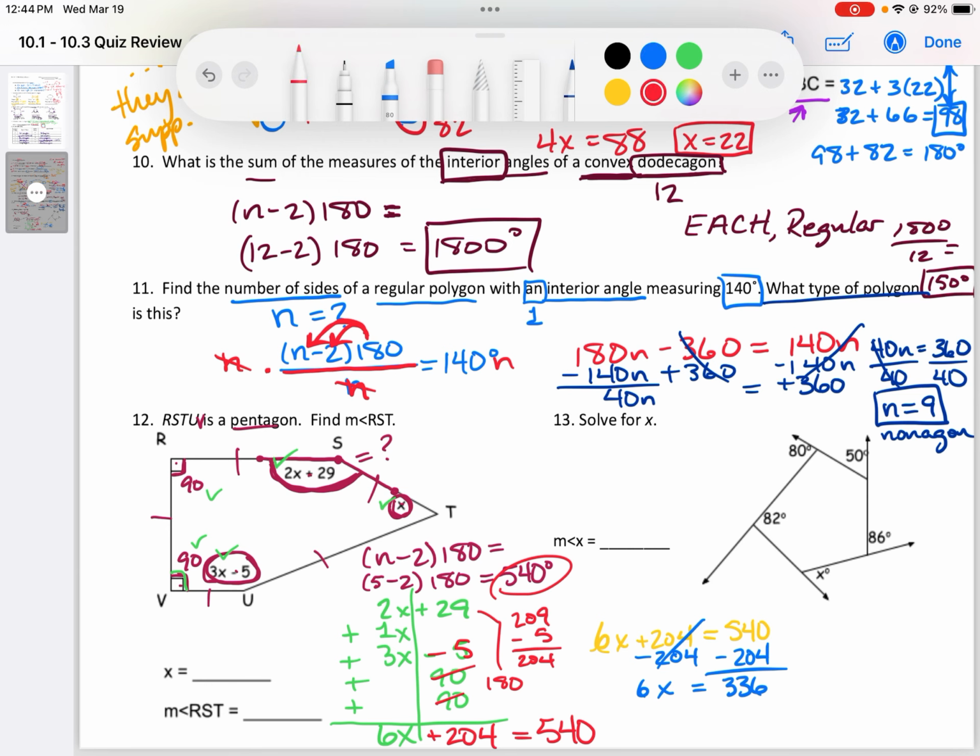I've still got 6x over here, so I'm going to divide both sides by 6. And I get that x equals 56. So x is 56. And then it says, what is this angle? Well, this angle specifically that I'm looking for is 2 times x plus 29. And so 2 times 56 is 112. 112 plus 29 is 141 degrees.